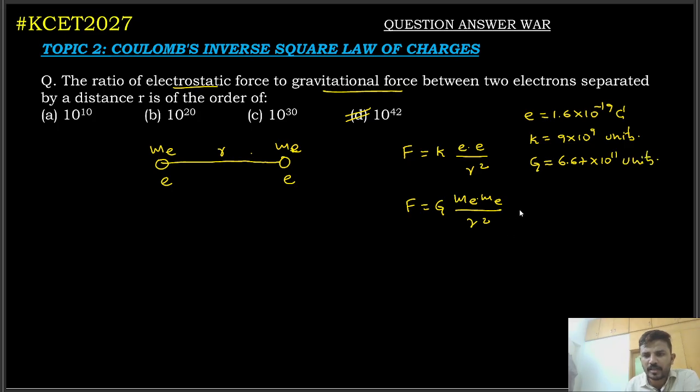Then we have me, the mass of electron, that is 9.1 into 10 to the power minus 31 kg. Clear? Option D is correct. If you take the electrostatic force divided by the gravitational force ratio, your answer will be D.